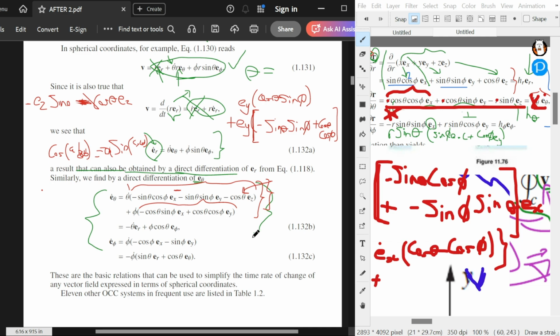Okay. Well, let's move on to this guy because he's slightly simpler. Like maybe we can get some refuge here. So we crossed off the r sine thetas because h of phi is r sine theta. So you can get rid of that on both sides. You remain with sine phi EX, cos phi EY playing equal.